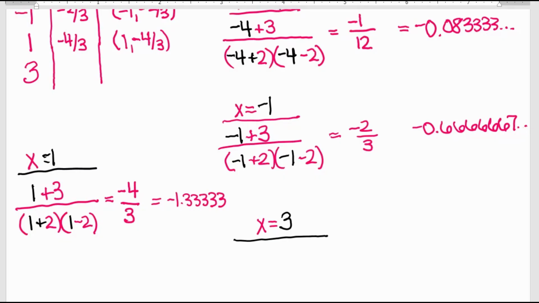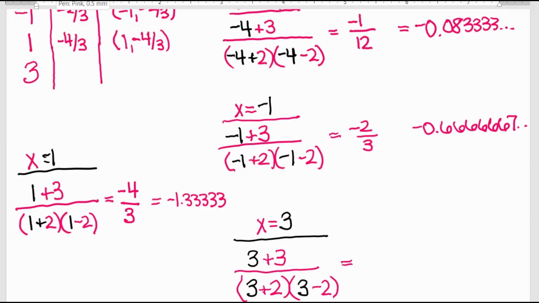Plugging in. We're going to have 3 plus 3 in the numerator all over (3 plus 2) times (3 minus 2). Remember, you have to show this work to show that you understand how we're finding the values, and then you can plug this into your calculator.